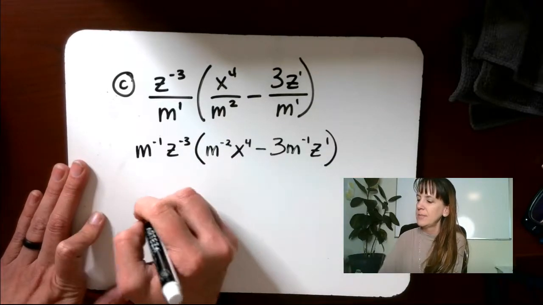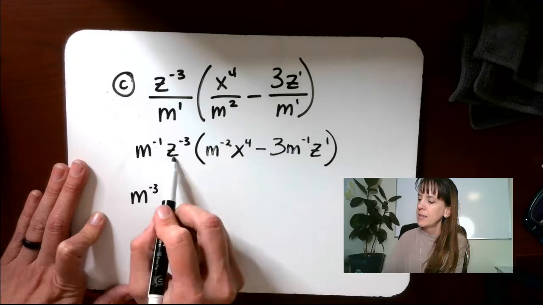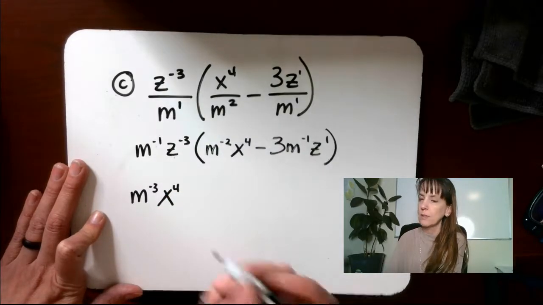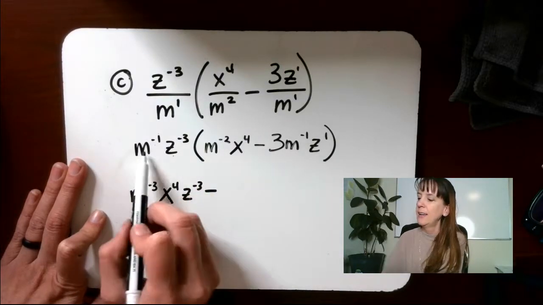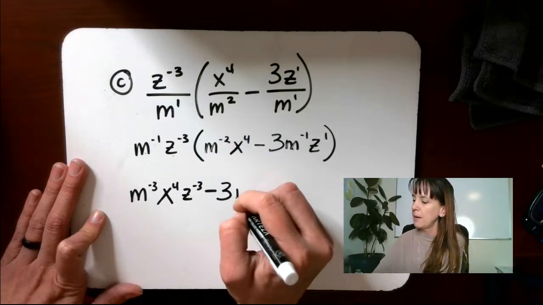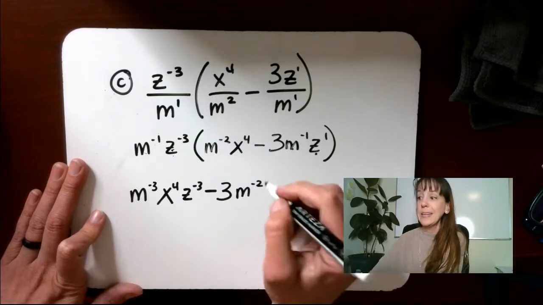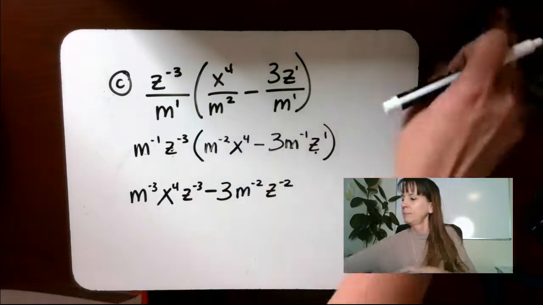Distribute. So I end up with m to the negative 1 and negative 2 is negative 3. And then x to the 4, because I like to be in alphabetical order, then z to the negative 3, minus 3. And then m to the negative 1 is m to the negative 2. z to the negative 3, z to the 1 is z to the negative 2. There's your answer with everything in the numerator.